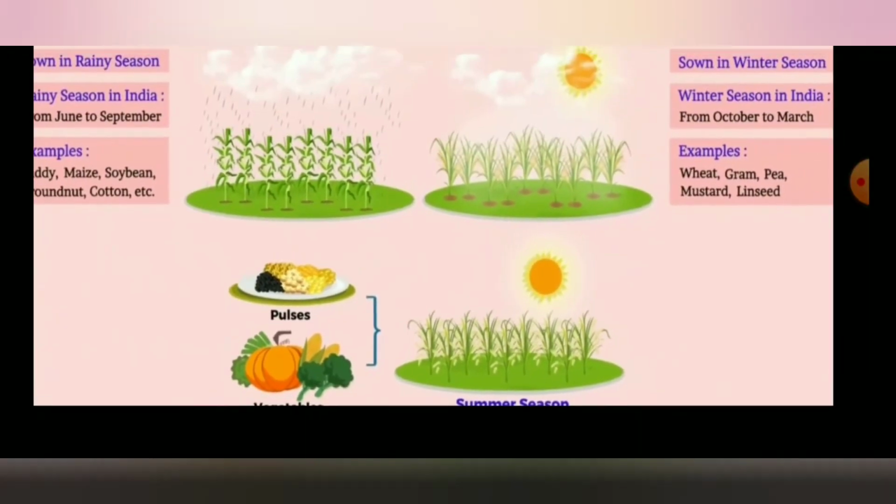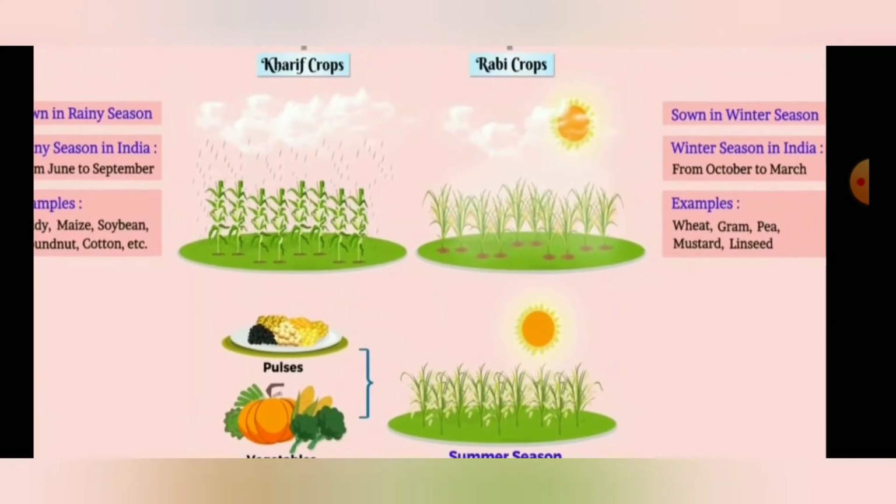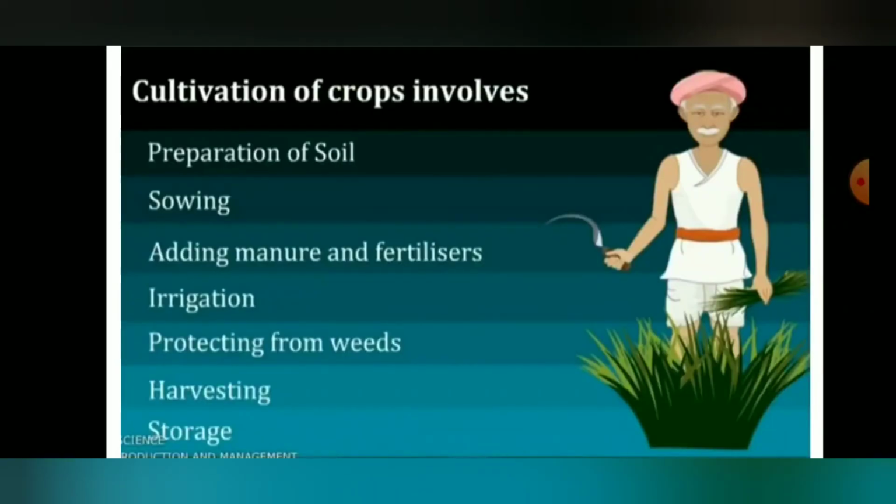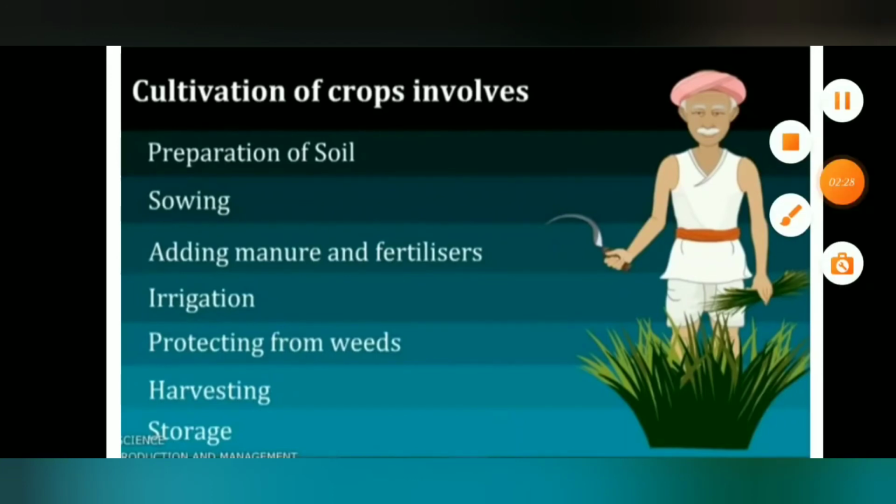I also told you that in the summer season some pulses and some vegetables are also grown. So the actual topic in today's session is that cultivation of crops involves certain steps. As I told you, before growing the crops, certain steps should be followed.